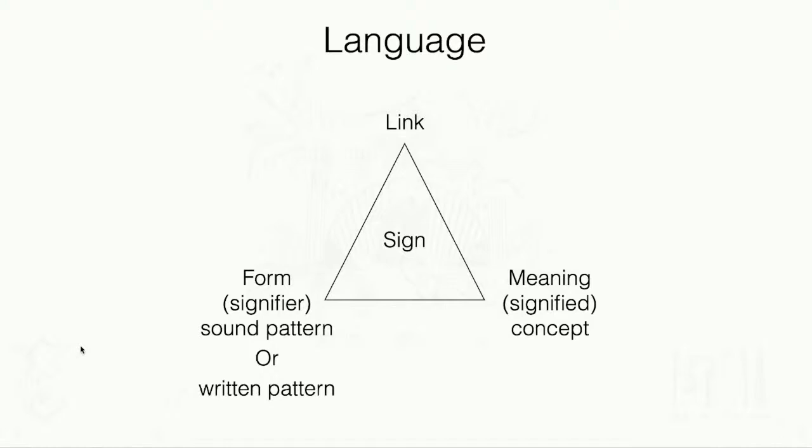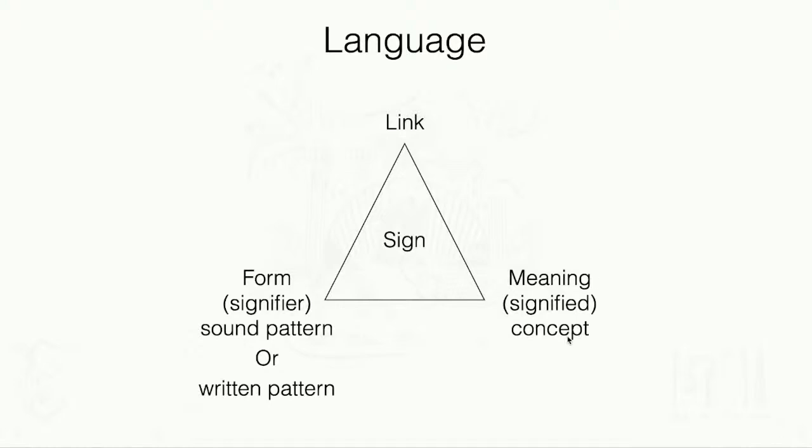It's composed of three elements. Every word that we say is composed of a form, and that form can be sound or written. If you're speaking, it'll be sound. If you're reading, it'll be written. But that will be the form. Then we have the meaning, which is the concept.